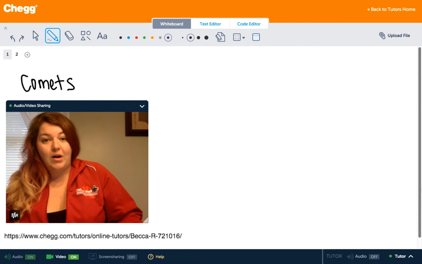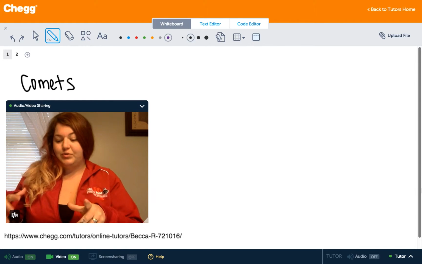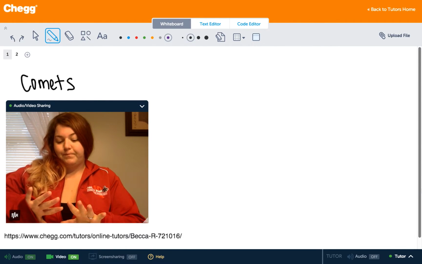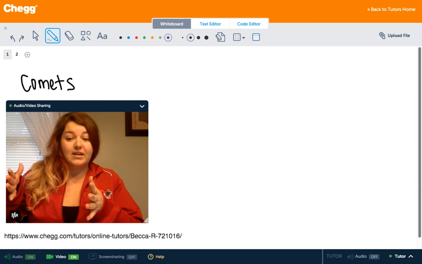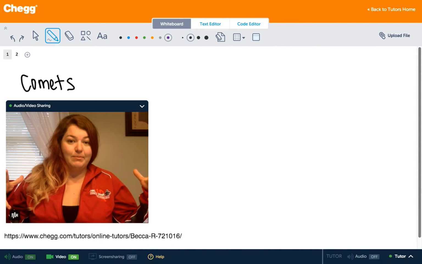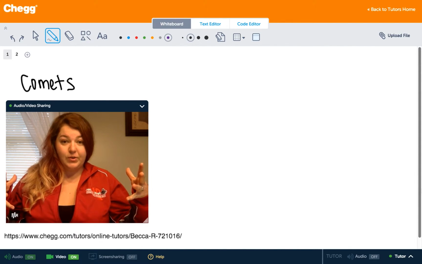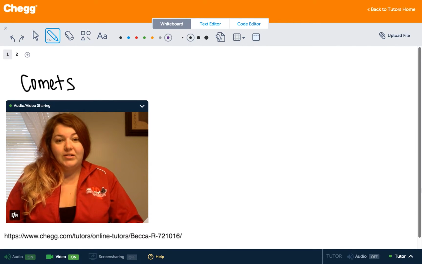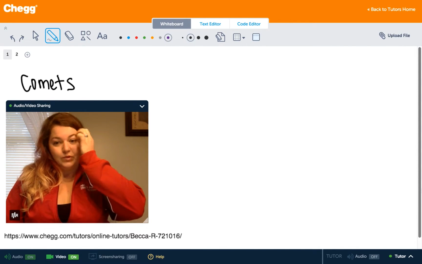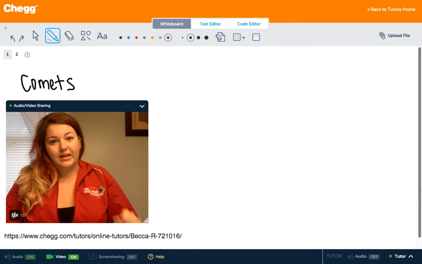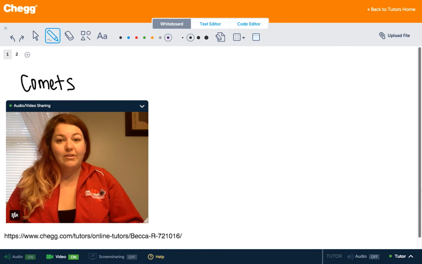There's a fairly prominent asteroid belt in between Mars and Jupiter. And then we have the gas giants, and then we have what's called the Kuiper belt outside of the orbit of Neptune. The Kuiper belt is where dwarf planets and asteroids like Pluto live.